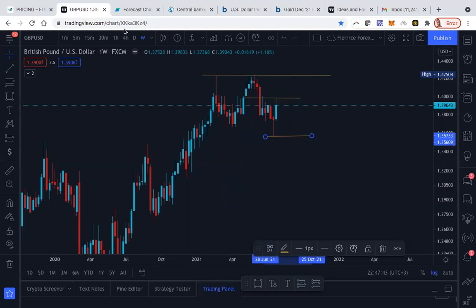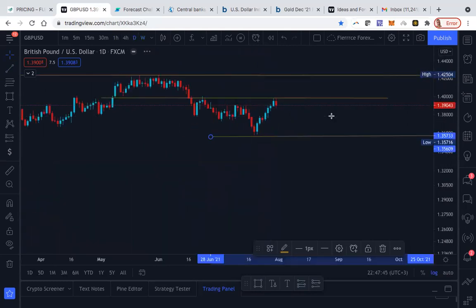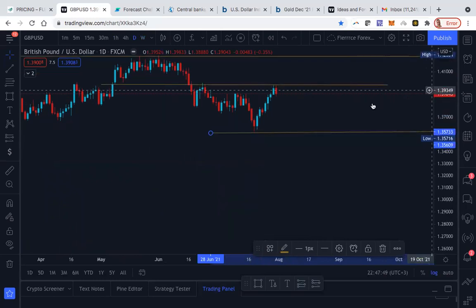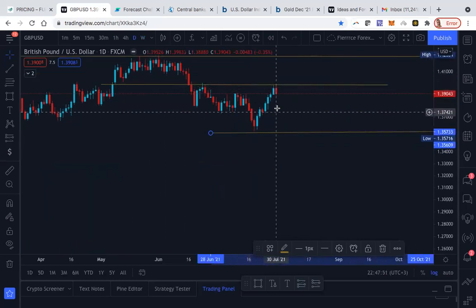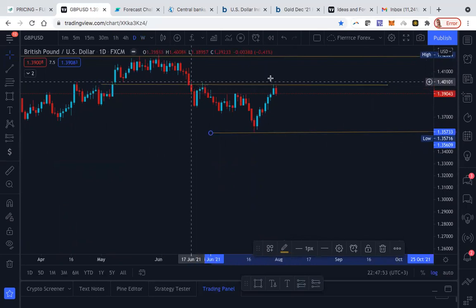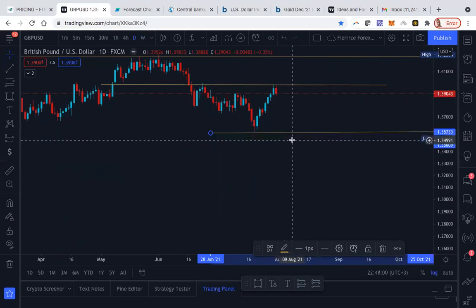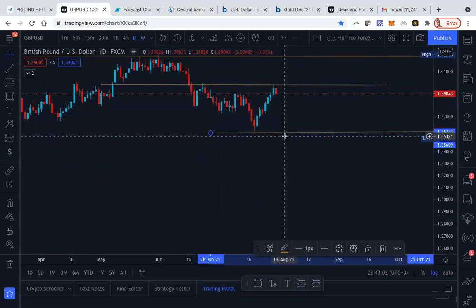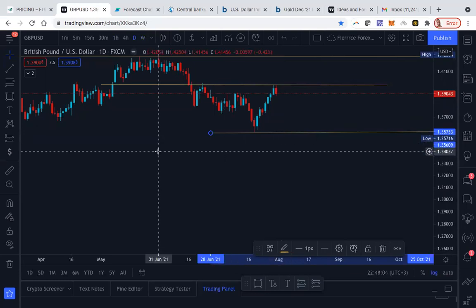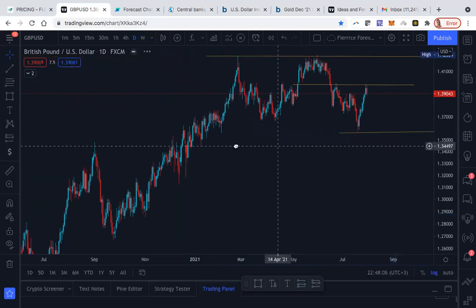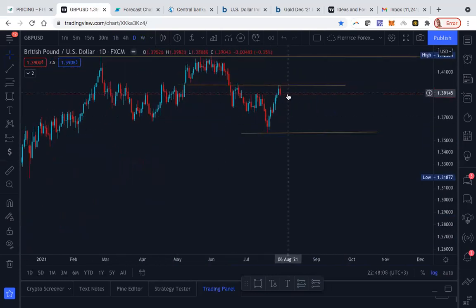But this is on the weekly, so I'll just dial it down to the daily, which will give me a better view. So we are seeing GU pushed up here. And I think now we may retest this zone below here and actually push lower, because when I look at it from this perspective, I see this potential for us to push lower.